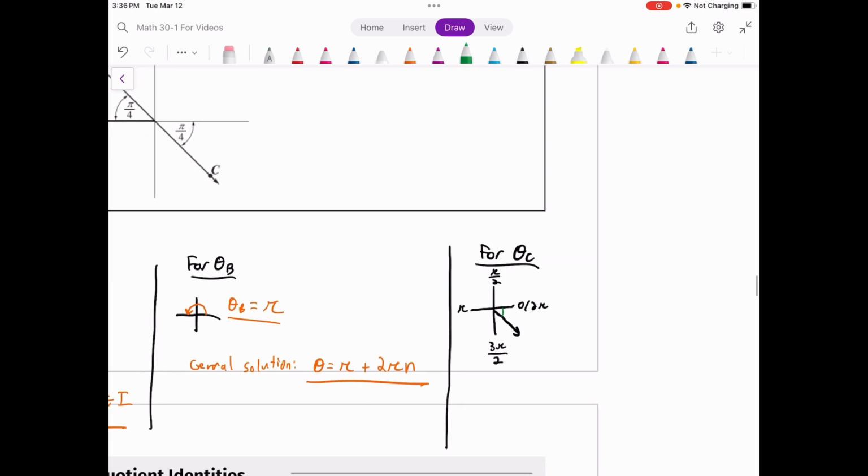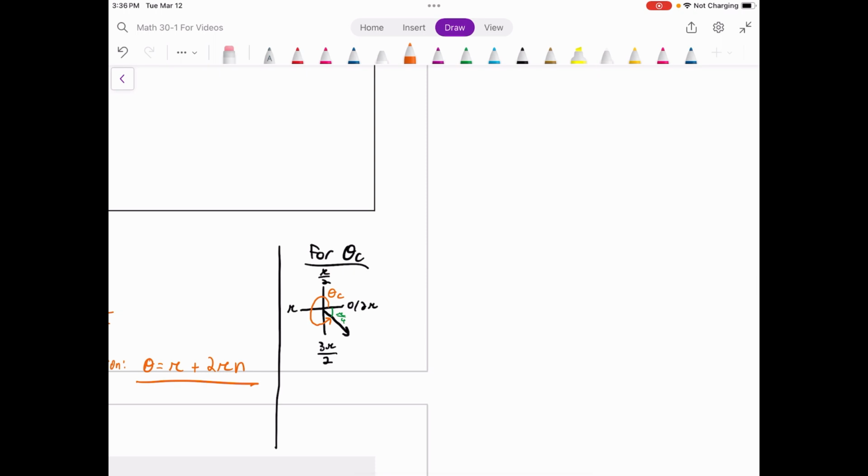So we've got a reference angle of pi over 4, and that means this is our theta C, right? How can we figure that out? Well, did we quite make it to 2 pi? Not quite, right? We stopped a little bit short of a full 2 pi rotation. So let's take 2 pi and subtract pi over 4, right? Which we can think of as 2 pi is like 8 pi over 4 minus pi over 4.